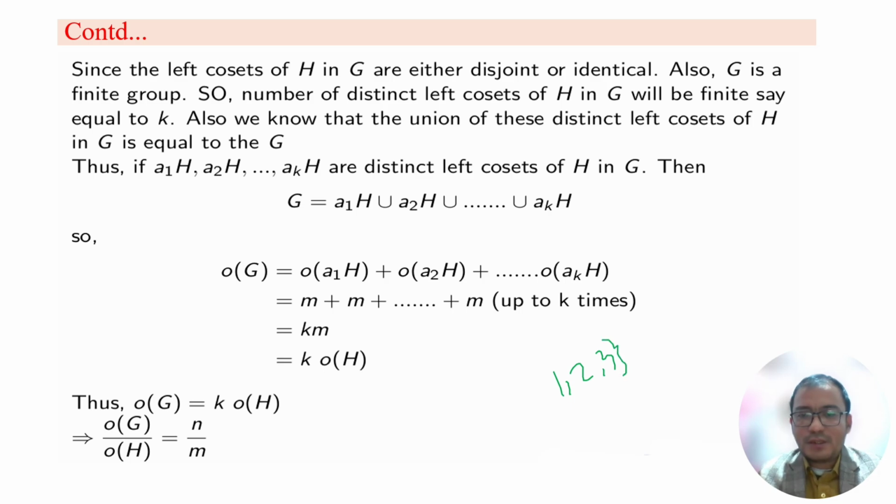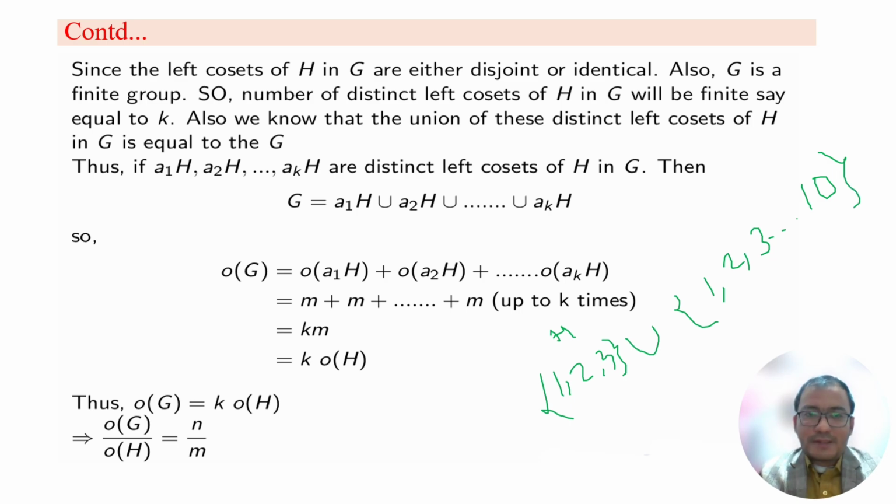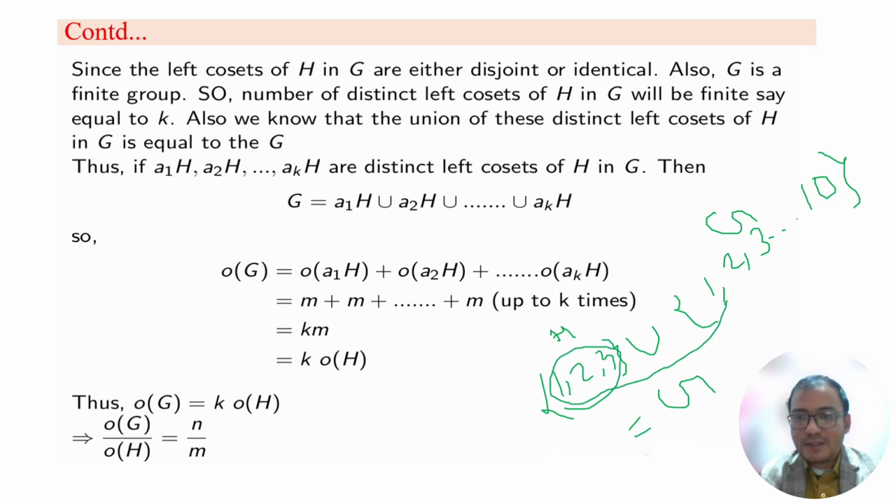Suppose this set is S. In this way, the union of them, suppose it is 1, 2, 3 and so on up to 10, where suppose 10 is k. Let's say it is like G, then obviously the union of them must be G, because all of 1, 2, 3 are inside it. So let's try to understand this part also.